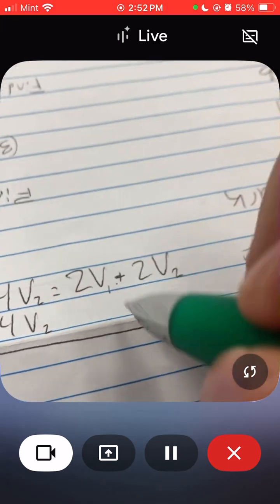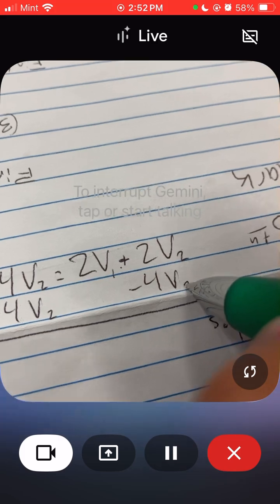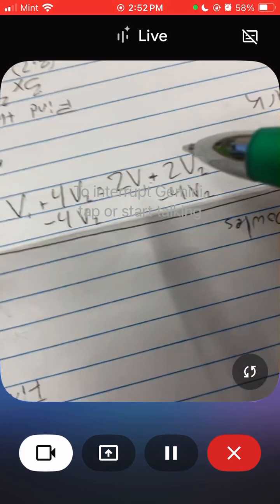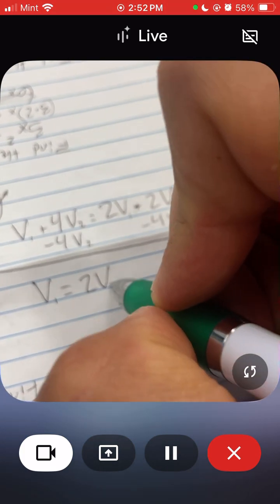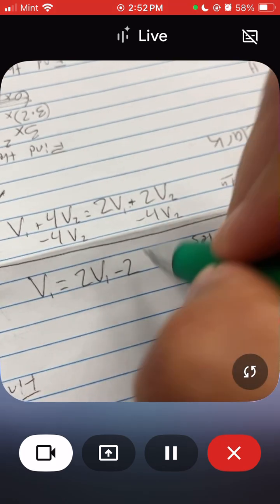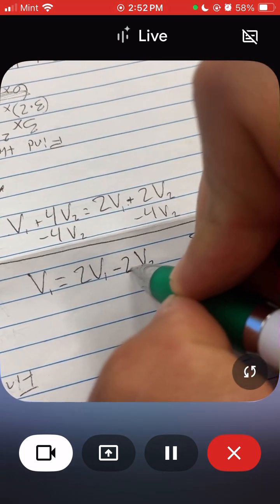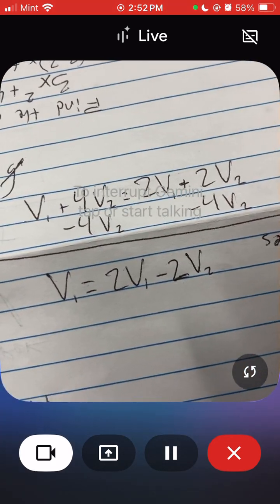Is that all right? Go for it. What do you get when you subtract 4 V2 from both sides? All right, I get this minus 2 V2. I feel like I'm not on the right track here.